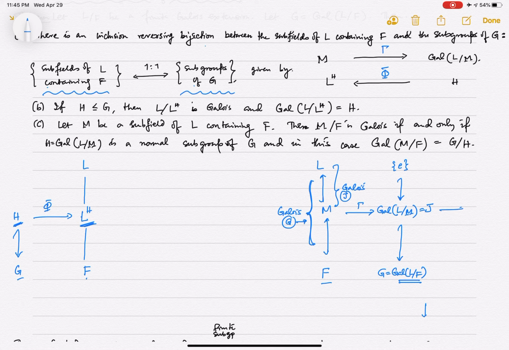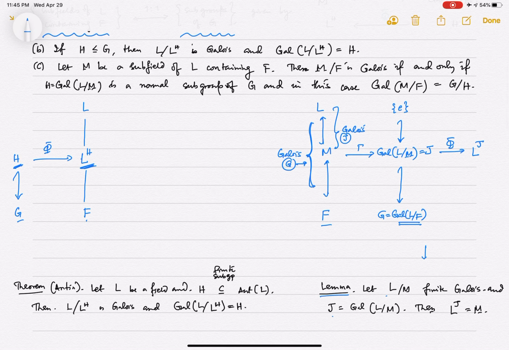And then if you apply the other arrow, you are supposed to look at L upper J, the fixed field of J. Well, I'll remind you of this lemma. This we have done a while ago. If you have a finite Galois extension L over M with Galois group J, then L upper J is just M. So this is just M again.